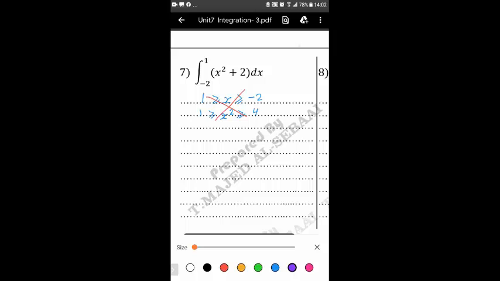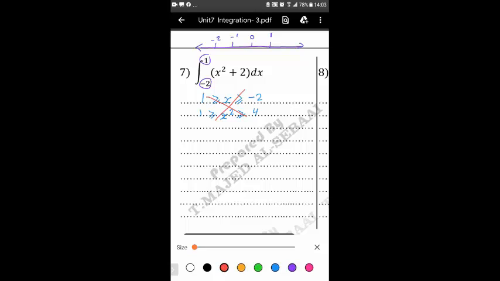If we take it here, between, let's just say, negative 2, negative 1, 0, and 1. This is our interval, isn't it? That is our interval from negative 2 to 1.